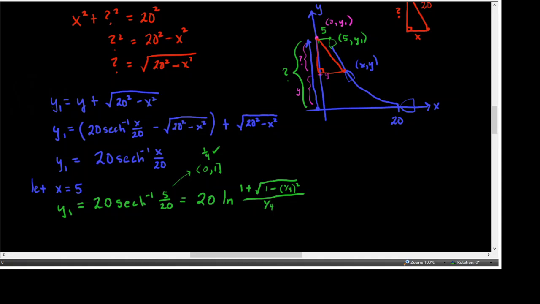So if you put that in your calculator, you'll get something that's kind of close to 41.27. And of course the units here is feet. So the person's going to have to walk about 41 1/4 feet. And at that point in time, the boat will have moved in to be 5 feet away from the dock.